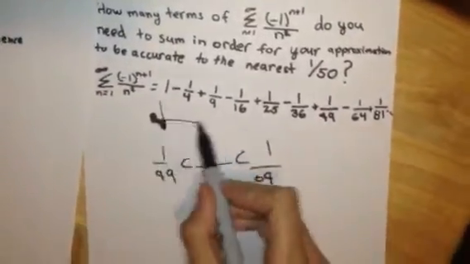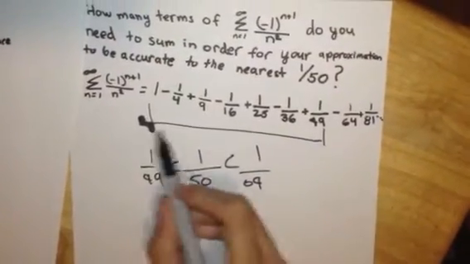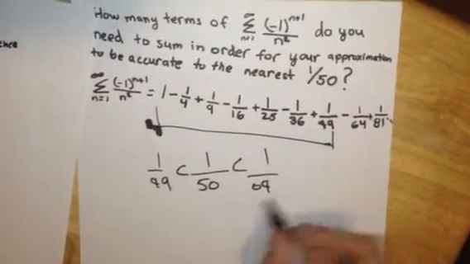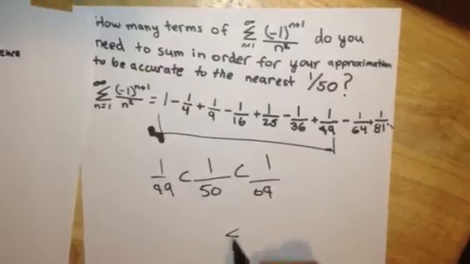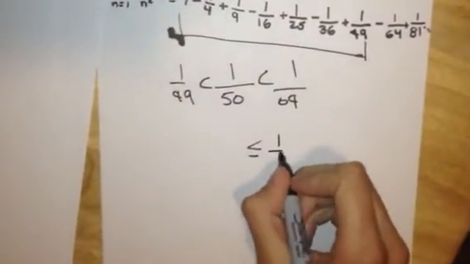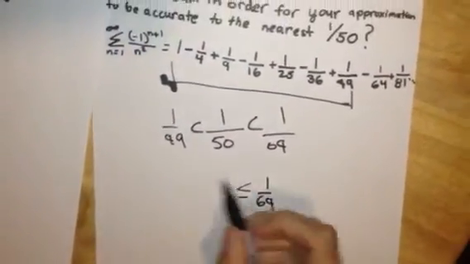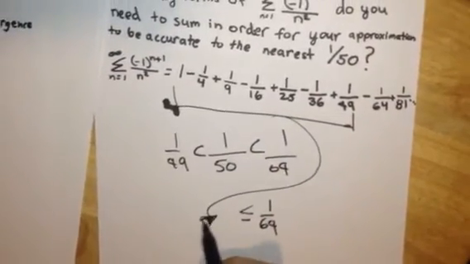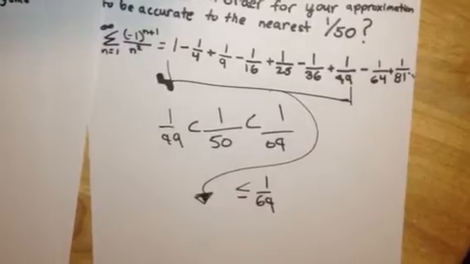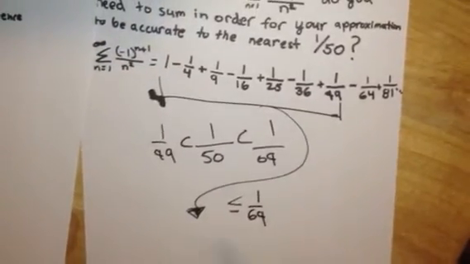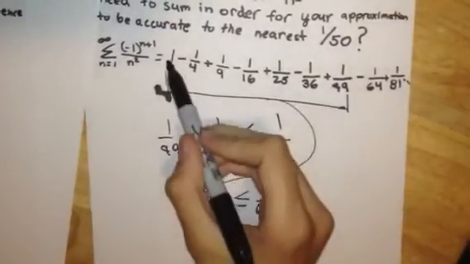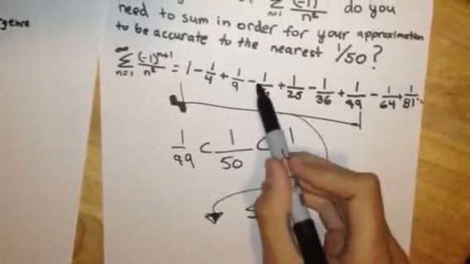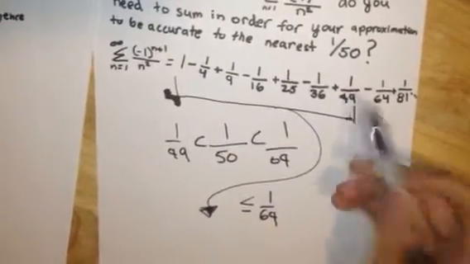So we can see that this error must be less than or equal to 1 over 64. So we can say that to find to the nearest 1 over 50, we need 1, 2, 3, 4, 5, 6, 7 terms.